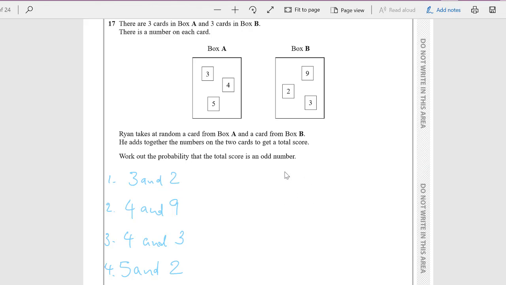Well, he can pick out a 3 and a 9, a 3 and a 2, a 3 and a 3. Or a 4 and a 9, a 4 and a 2, a 4 and a 3. Or a 5 and a 9, a 5 and a 2, a 5 and a 3.